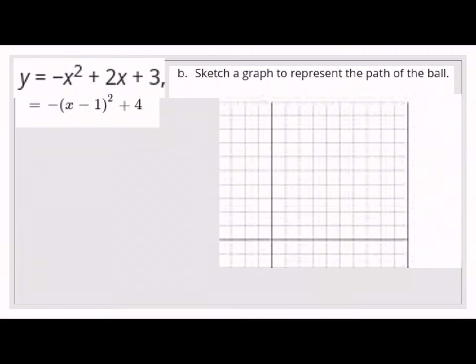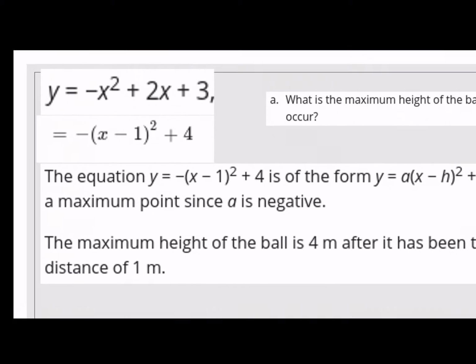Graphing this. So again, we know the vertex is +1, +4. Let's do 2 squares. 1, 2, 3, 4. 1, 2, 3, 4. So we know our vertex is 1, 4. Again, we know our y-intercept is 3 because it shows up in there.